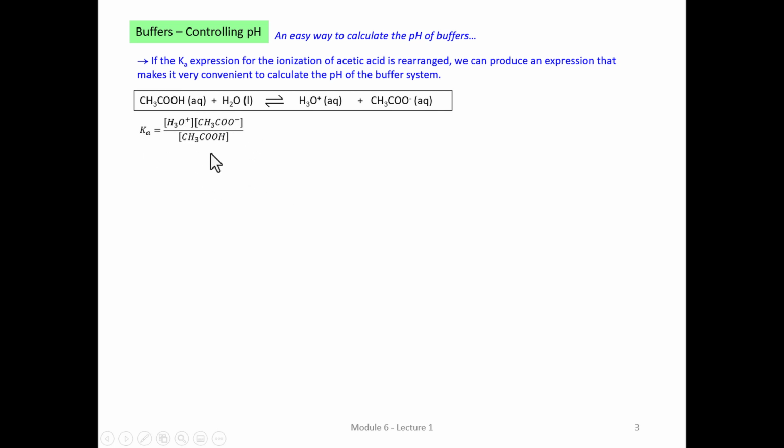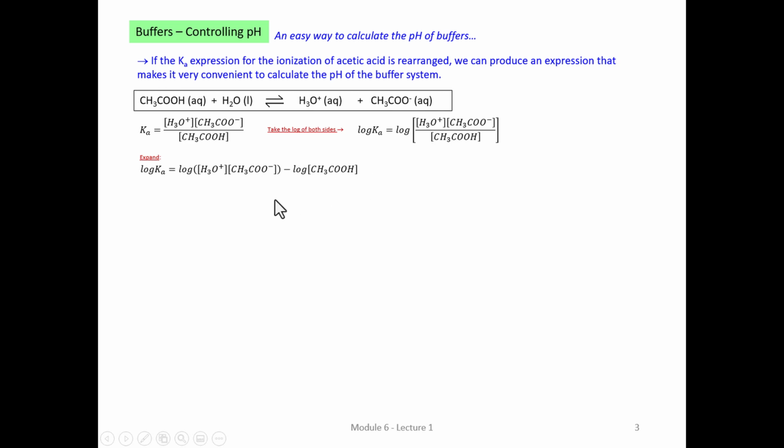Let's rearrange this a little bit, and what I mean by that is that first of all, we'll take the log to the base 10 of both sides. So we have log of Ka on the left, and on the right we have log of this entire expression right here. We can expand this a little bit and keep our log of Ka, and remember that the log of this quotient is equal to the log of what was on top minus the log of what was on the bottom.